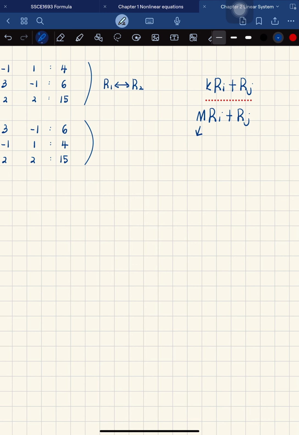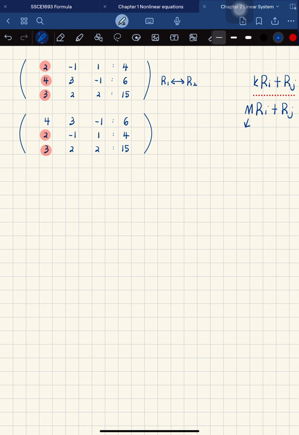But this M means, let's say we want to make 2 as 0, right? So 2 will be divided by the maximum value. The maximum value means 2 divided by 4. Okay, so that one is positive, kan? So we make it negative.